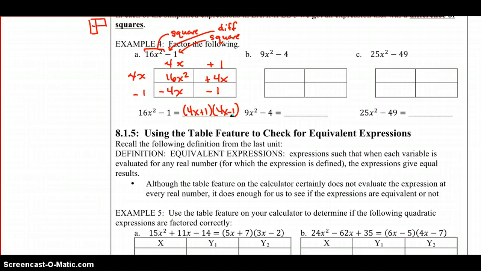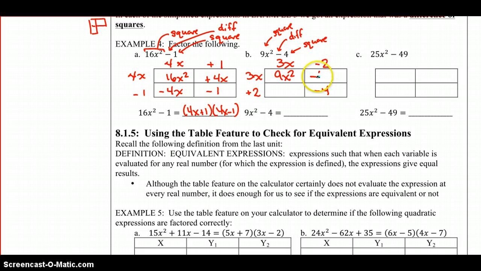9x squared, take away 4. Again, we should recognize that we have a difference. And again, we have a square and another square. So 9x squared and minus 4 are first and last terms, and we're going to think of them as squares. So to get a 9, 3 times 3, and to get a 4, a negative 2 times a positive 2.